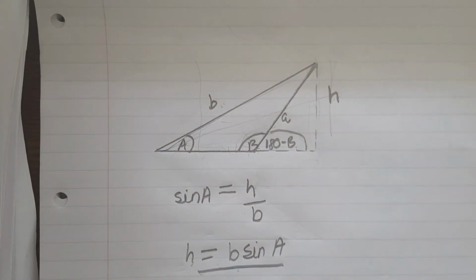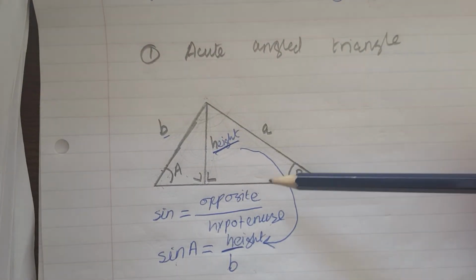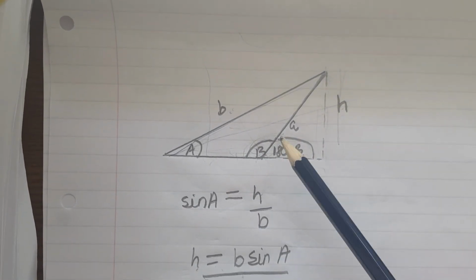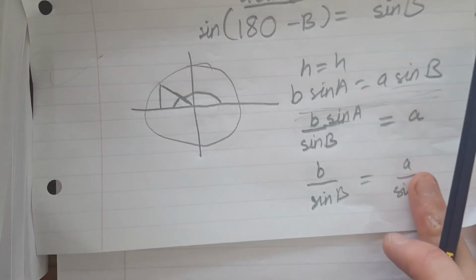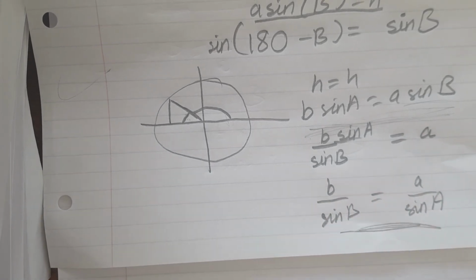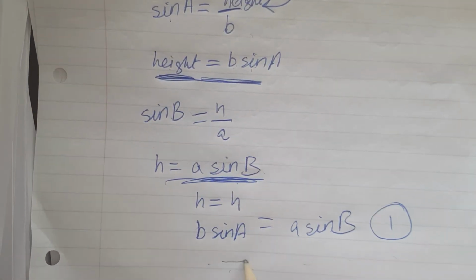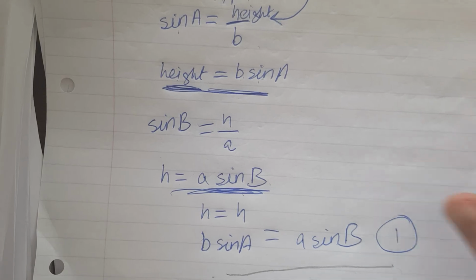We have to remember that in the sine rule there are two cases that we have to consider: acute angle triangles and obtuse angle triangles. The statement that we're proving for obtuse angle triangles is the same statement that we want to prove for acute.